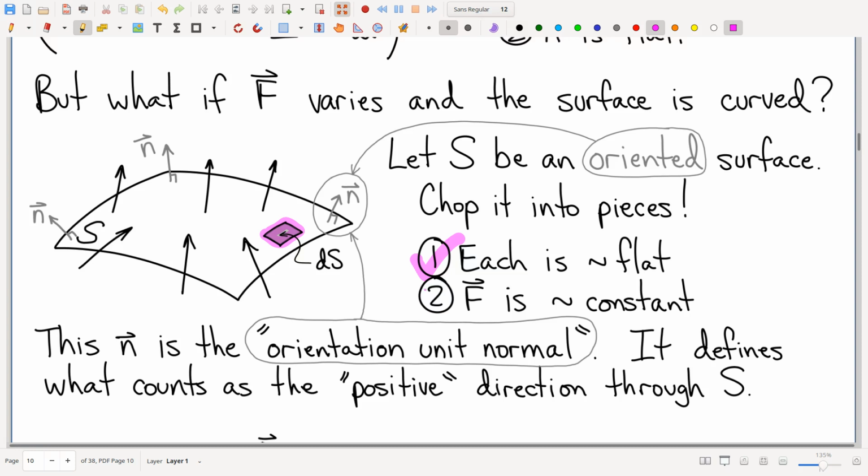And the vector field, now of course the vector field's not constant, but all the points in this little piece of surface are so close to each other, the vector field just doesn't have that much room, doesn't have that much time to be able to change that much. And so the vector field is approximately constant. Close enough in the limit. Cool. And so we chop it up, add it up, as usual.